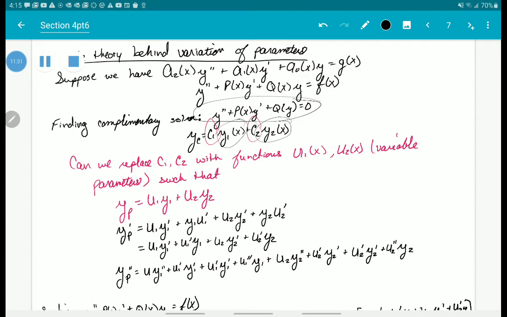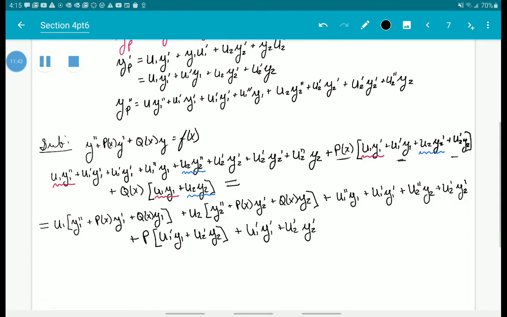So that also is a solution to this particular differential equation, which means that when we grouped the u1 terms together and were left over with this, that y1 was the solution to the complementary, so that guy has to be equal to 0. Same thing's going to be true here. That's going to be equal to 0 because it satisfies that differential equation. So we are left with just all of this fun stuff.